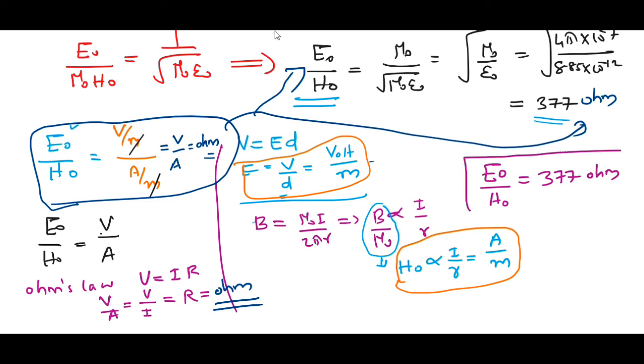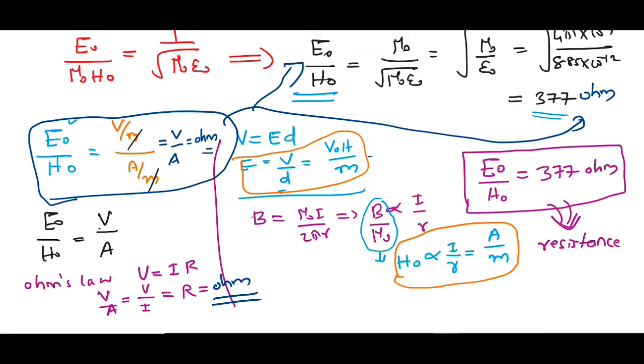That is, E0 by H0 is the resistance of the vacuum, or resistance of the free space. This E0 by H0 has the dimension of resistance. This is the resistance of free space.